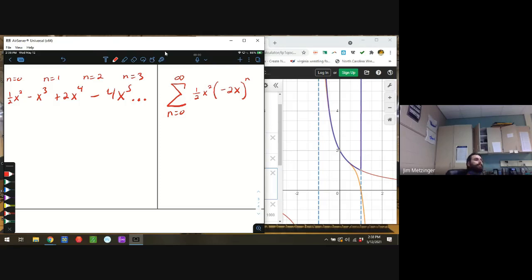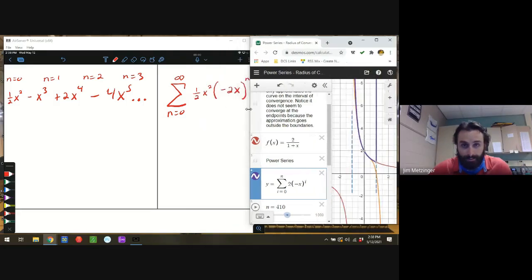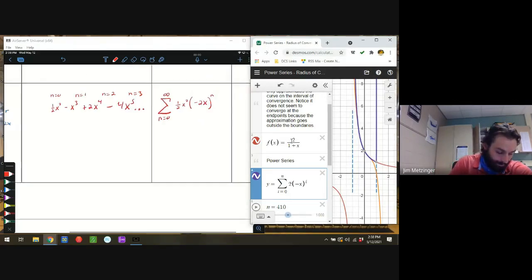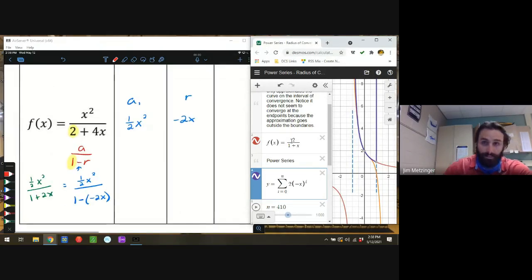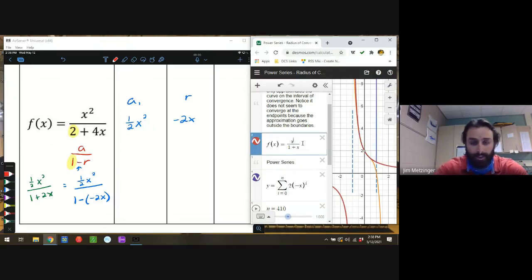Let's put this into Desmos, and then we'll try to figure out our interval of convergence. That way we can give the Desmos brain time to figure out what in the world we're trying to do to it. All right, so f of x was x squared over 2 plus 4x.